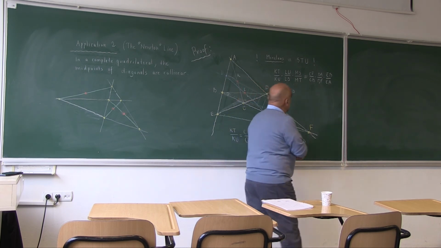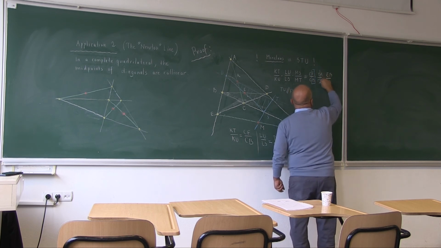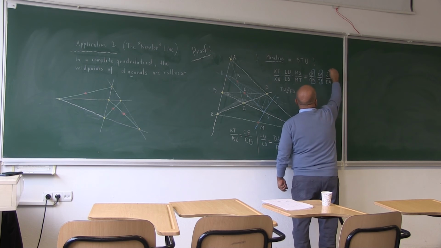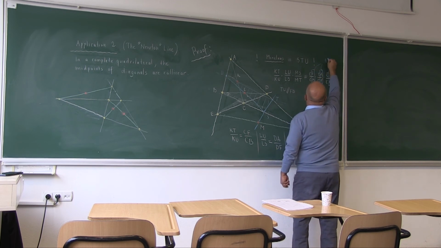Just look at these two things. FB, AF, BA. So these actually refer to the triangle AFB.